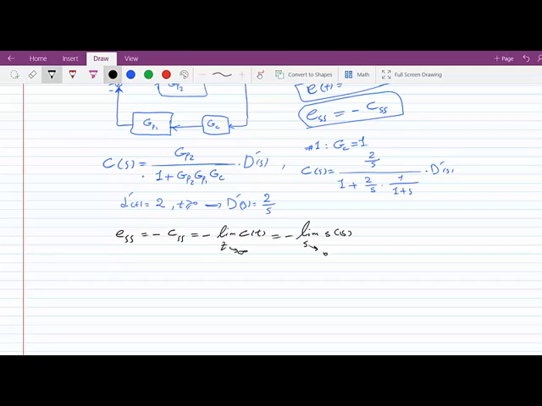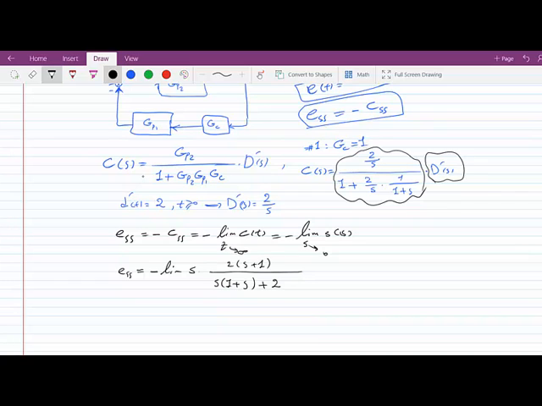And again, we can rewrite it here as minus the limit of s times C of s, which is this transfer function times d prime of s. If we just simplify it, we will have s times (s plus 1) plus 2 in the denominator, and in the numerator we will have 2 times (s plus 1) for the transfer function, times d prime of s, which is 2 over s.